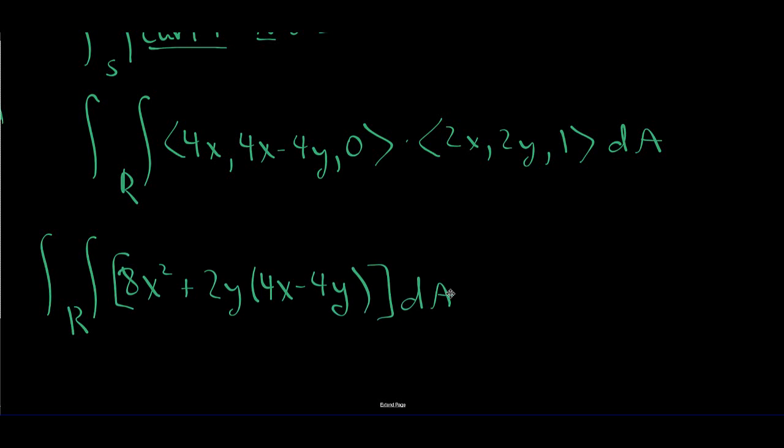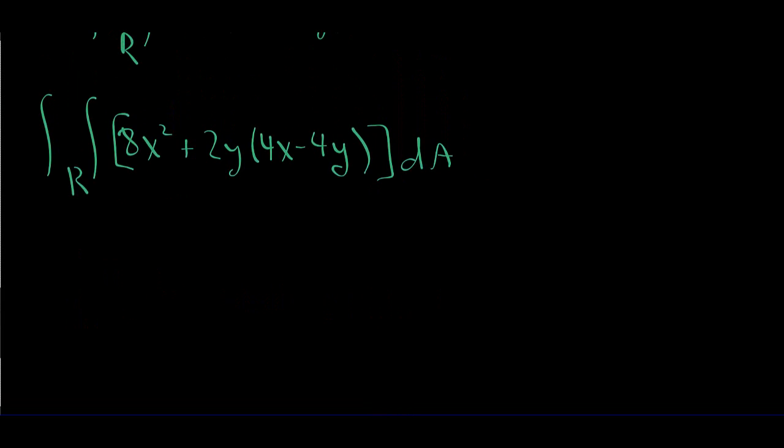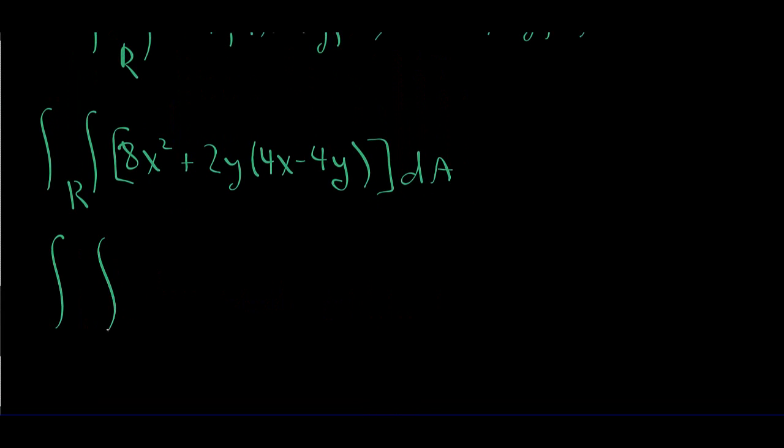And now we're ready to set up the bounds. So let's go ahead and set up the bounds. So here we've got 8x squared plus 8xy minus 8y squared.